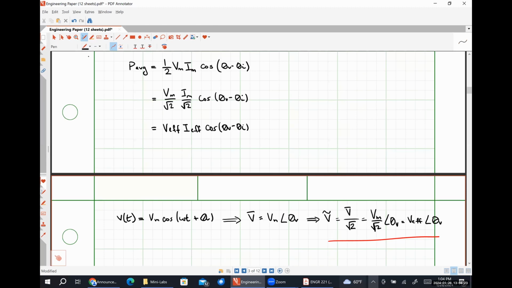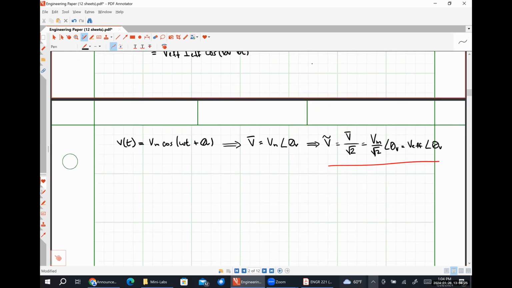Somebody much smarter than me noticed that the average power is simply the real part of the following mathematical operation: the RMS phasor voltage times the complex conjugate of the RMS phasor current.